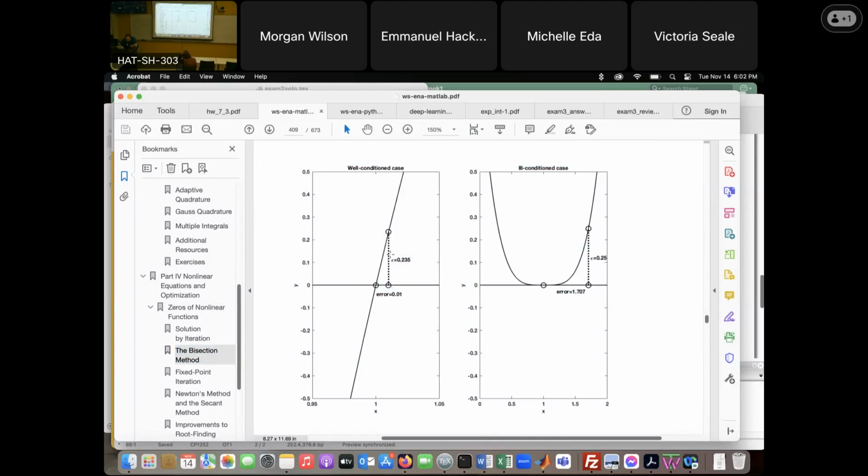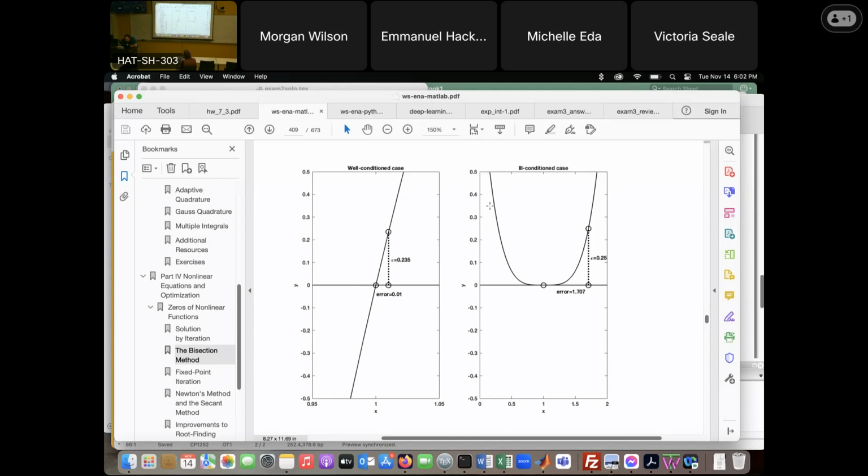Now, here the backward error is actually fairly large. My approximate solution is equal to f inverse of epsilon, where epsilon is large. But because the problem is well conditioned, even though the backward error is large, the forward error is small, and that's a preferable situation.